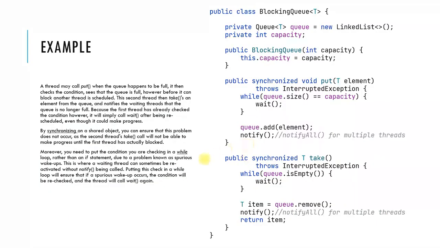Another example is the implementation of a blocking queue, where we have capacity and the wait method. To put into this blocking queue, we can use the wait method and then the notify method.